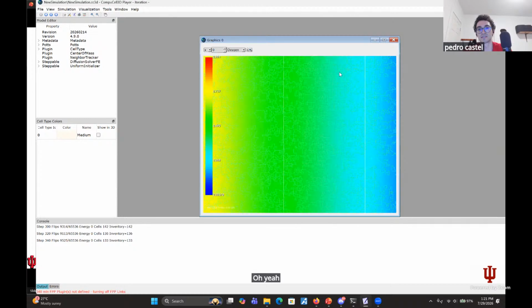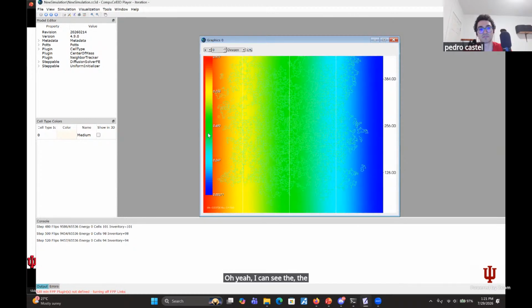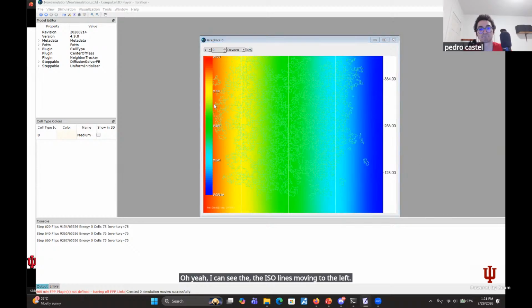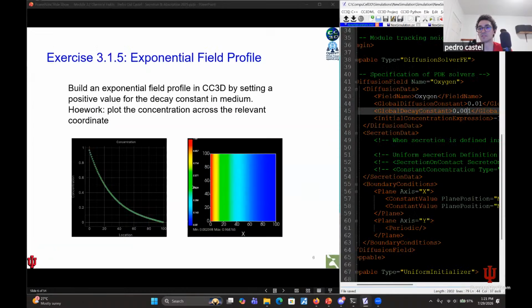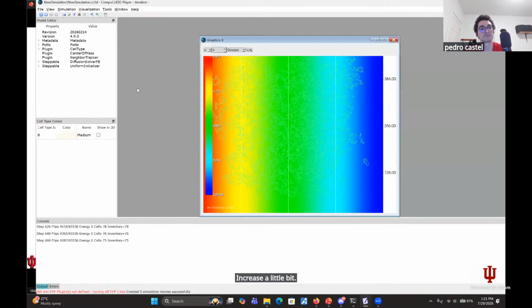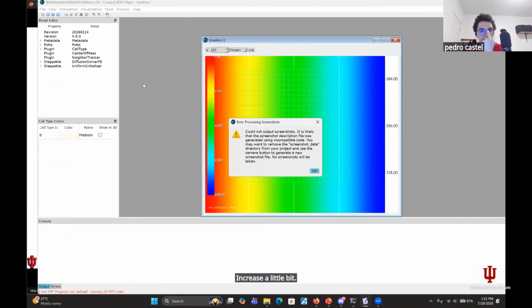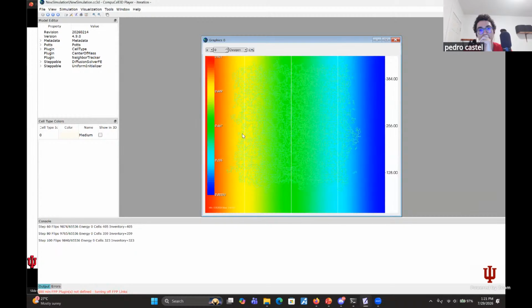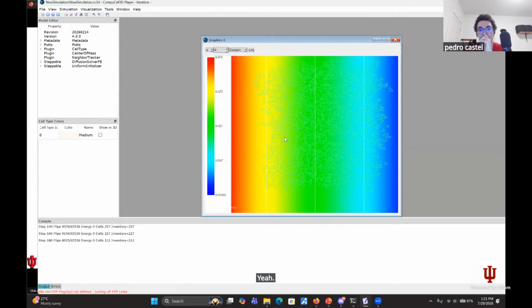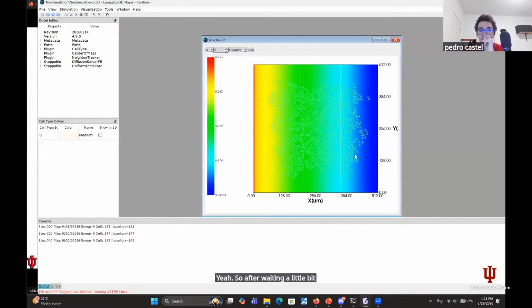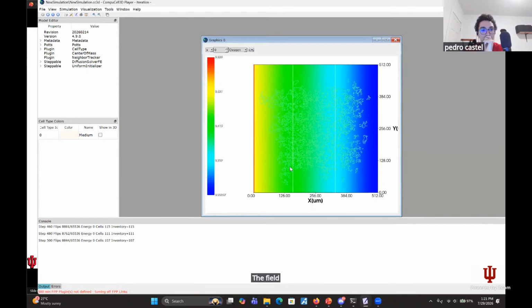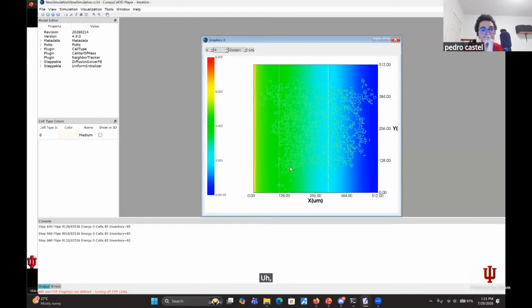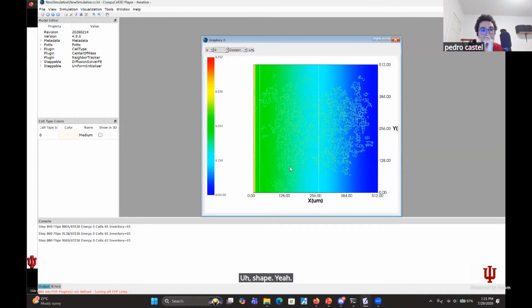oh yeah, I can see the isolines moving to the left. Increase a little bit. Yeah. So after waiting a little bit, the field will be an exponential shape. Yeah, this is correct.